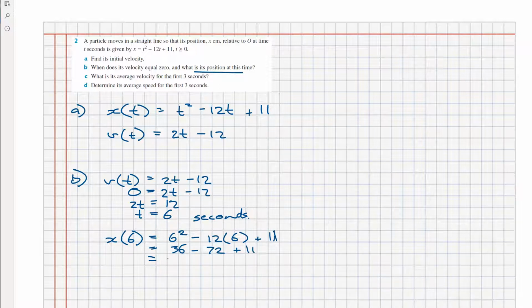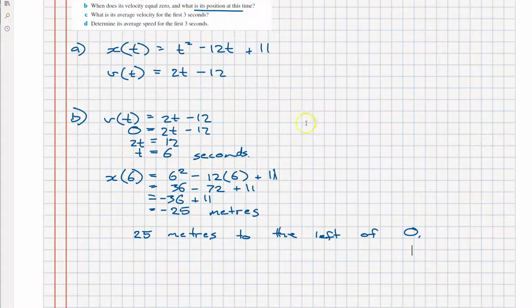And then looking at this, it'll be negative 36 plus 11, and that will come down to be negative 25 meters. So in the context of it, what is its position at this point in time? It is 25 meters to the left of the origin.